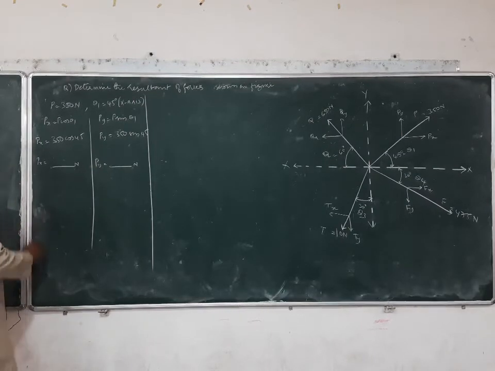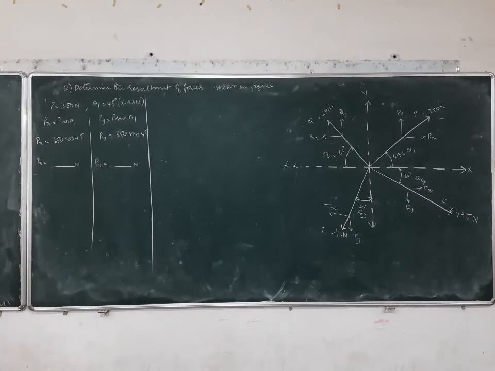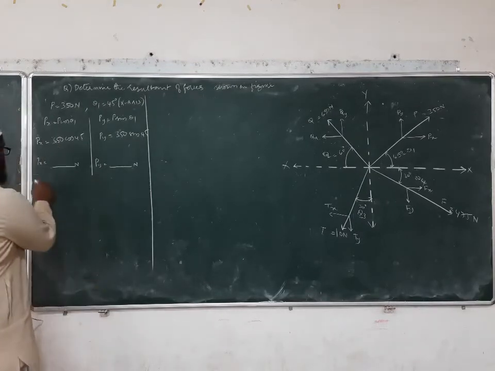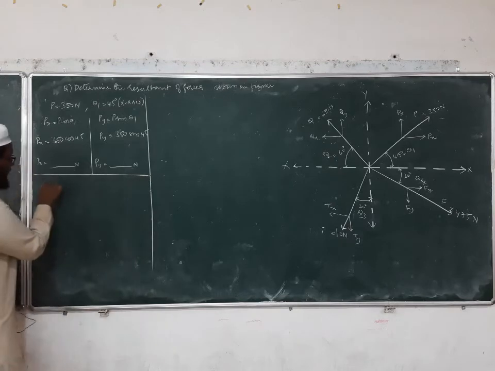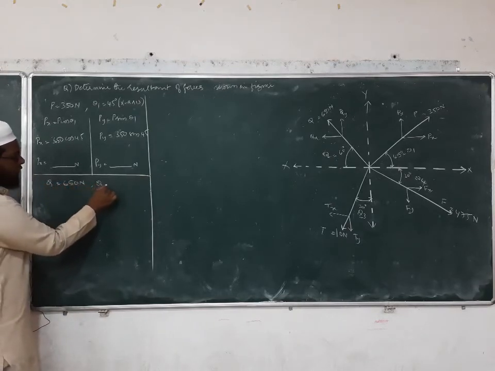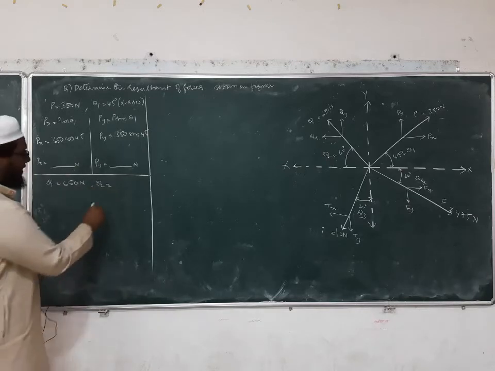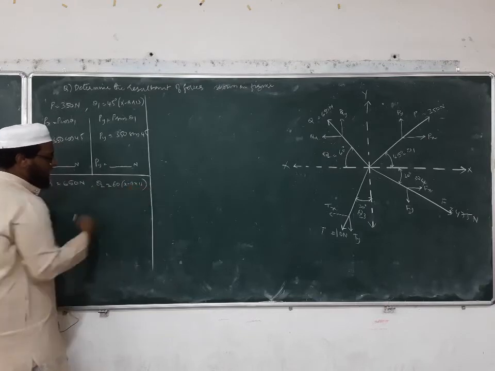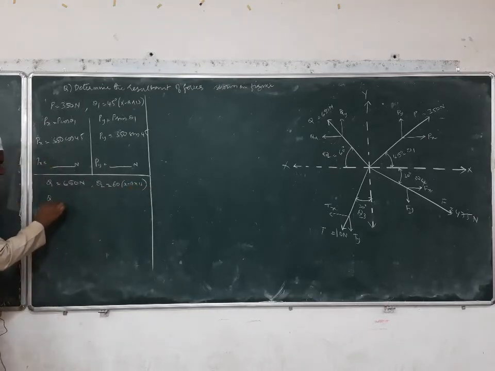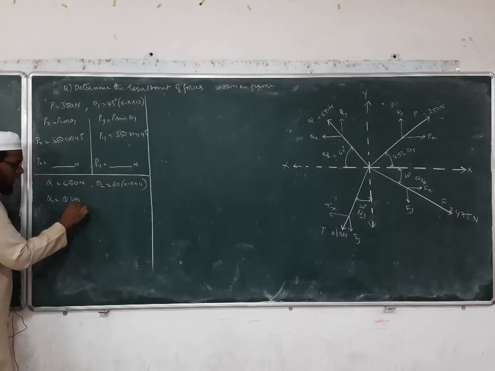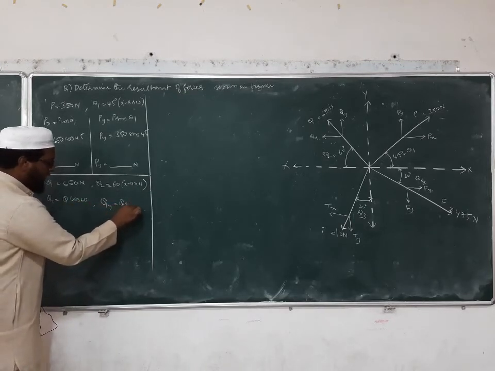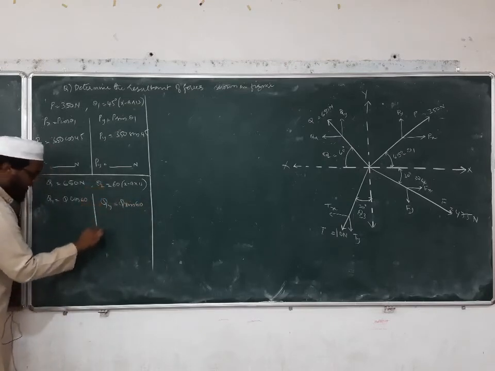Now we'll go for the next force. What is the next force we have? We have Q, which is equal to 650 newtons, and theta 2 is equal to 60 degrees with which axis? X-axis. Okay. So what will happen to Qx? Qx is equal to Q cos 60 and Qy is equal to Q sin 60, isn't it?